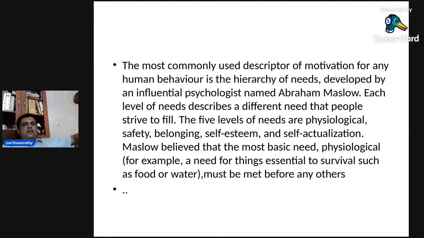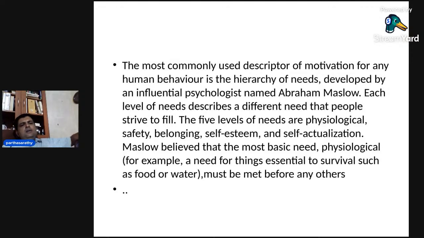It was developed by an influential psychologist named Abraham Maslow. Each level describes a different need that people strive to fulfill. If we take the world scenario, or if I compare myself, I can place myself at the level of need I am in.